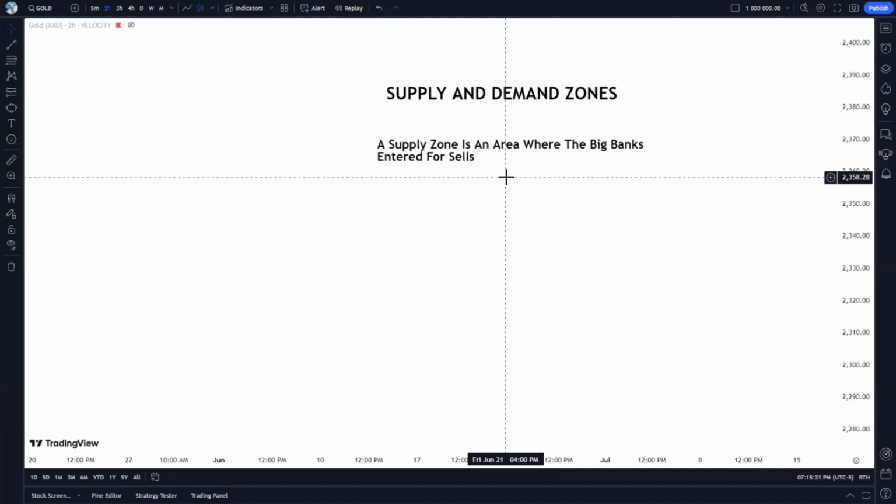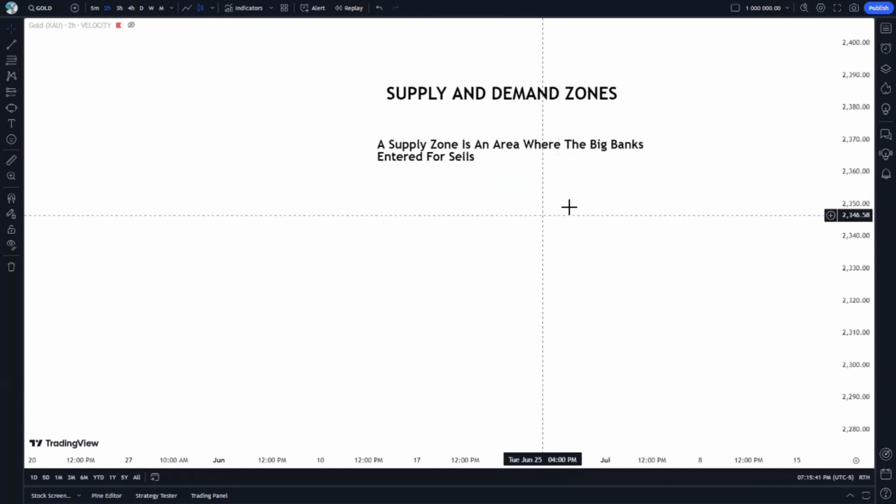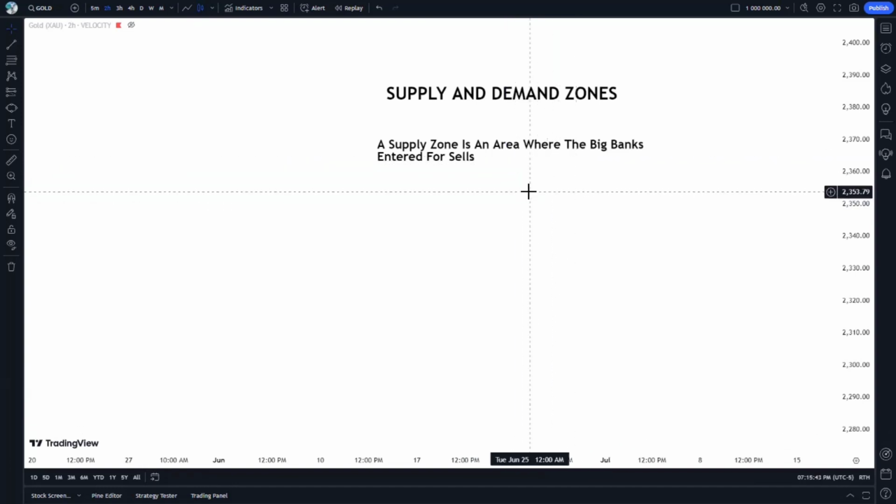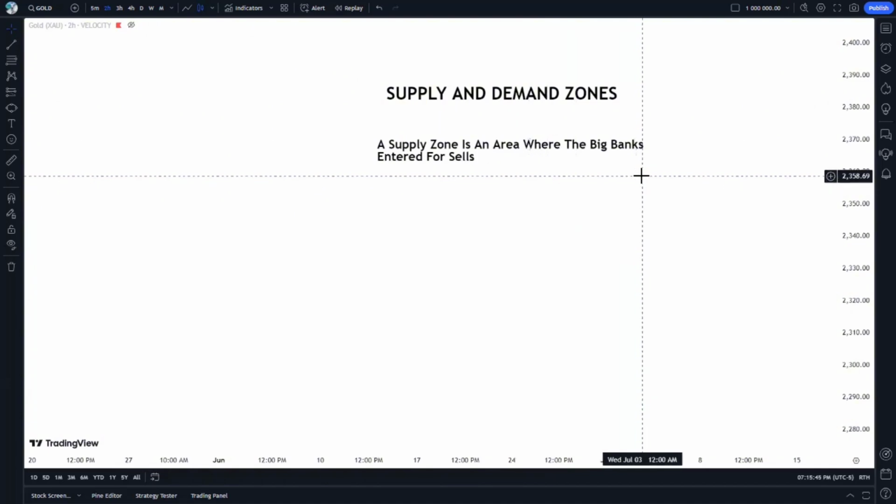And if they entered for sales, that means they would have identified that area as a good area to take a trade. So if they entered that area for sales, that means this is an area where we would also be interested, as retail and smaller traders, to also take a trade.